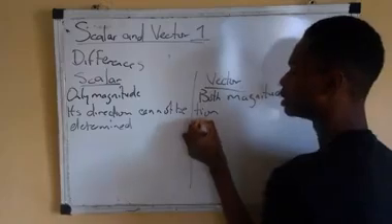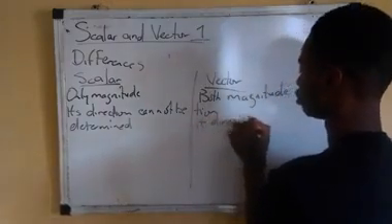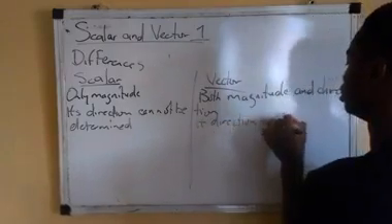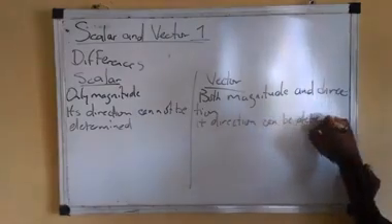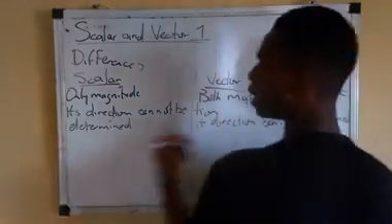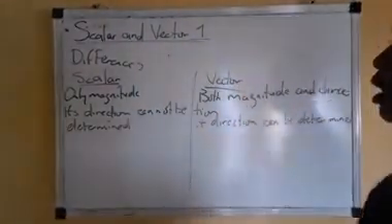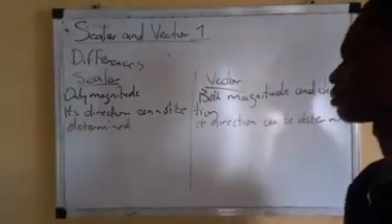Here for vector, its direction can be determined. So one direction cannot be determined, the other direction can be what? Determined.